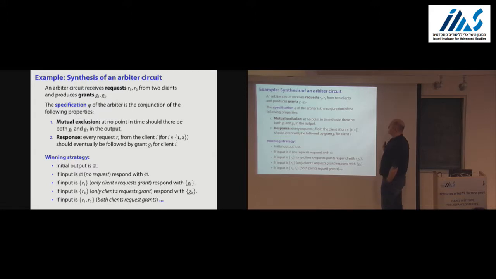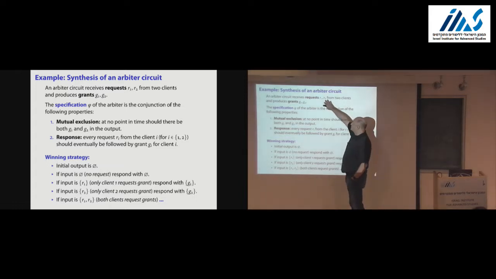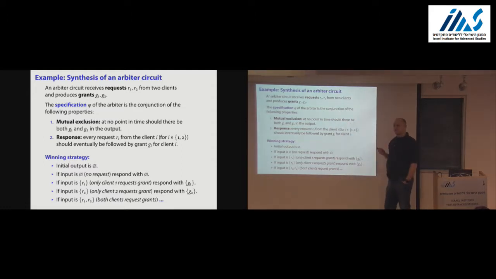So let's do this in a really simple example. Let's say we're building an arbiter circuit. In this case, we have two clients that produce requests for a critical resource, and we want to build a system that decides who gets access to the critical resource at every point. So we have as input the requests R1, R2. These are just Boolean signals. They can be true or false in every step.